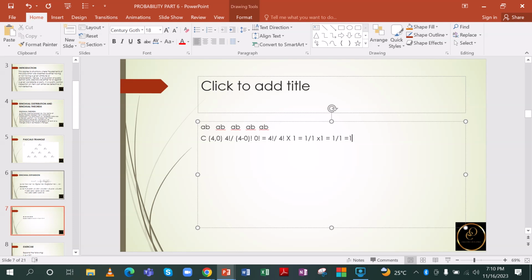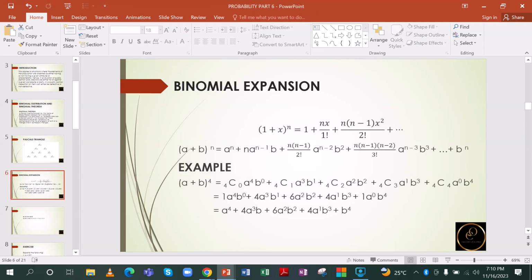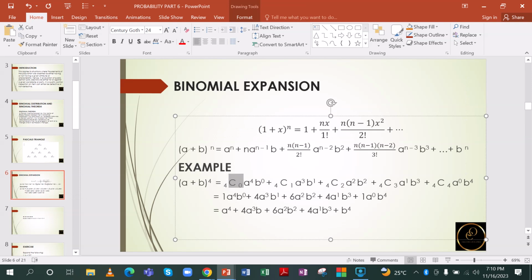So you find that the first combination gives the coefficient here, which I've worked out. Then you put 1 multiplied by a to the power 4 times b to the power 0. This is the expression you are seeing here.